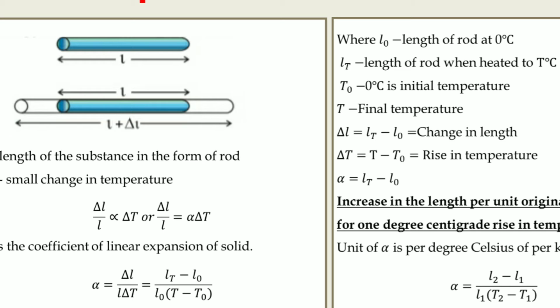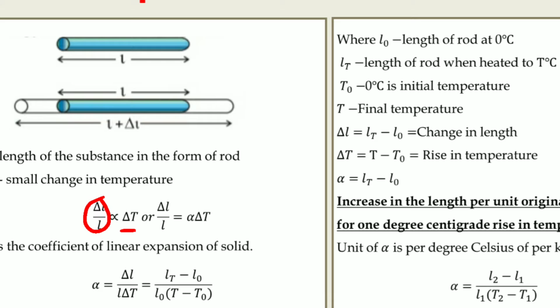Delta L by L, the fractional change in the length of the rod, is directly proportional to the change in temperature, delta T. See here, delta L by L is directly proportional to delta T. Delta L by L is the fractional change in the length of the rod.